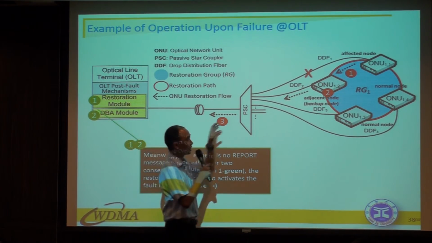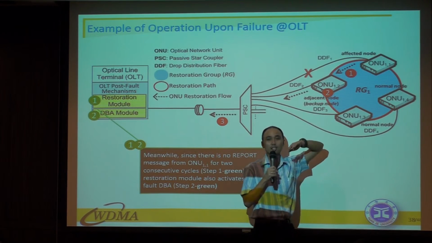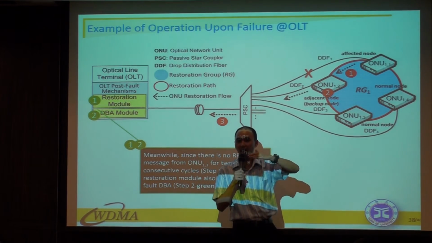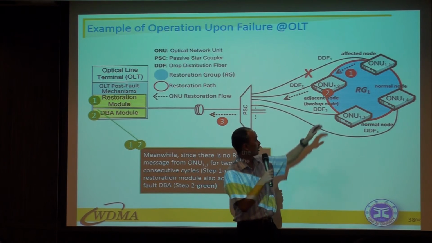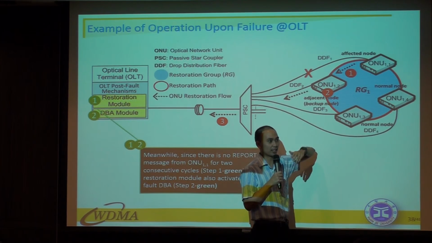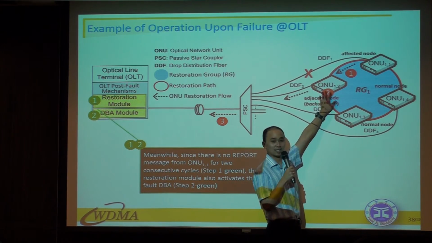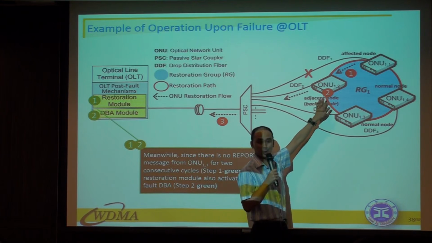But if we look inside only this particular ONU, we can see quite high delay in this congested ONU. So we can increase the availability, but we have another problem, which is the hotspot ONU.